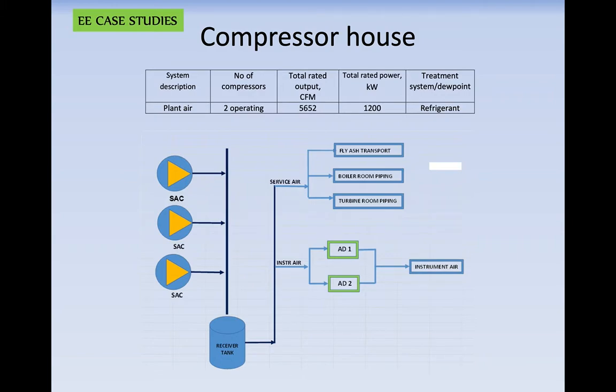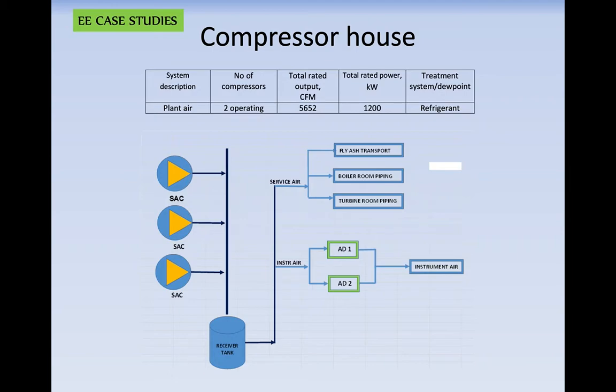For instrument air, the system is equipped with air dryers, and there are two air dryers, AD1 and AD2. This is because, as you know, instrument air needs higher quality compressed air, which should have low water content, and also lower oil and particle content.